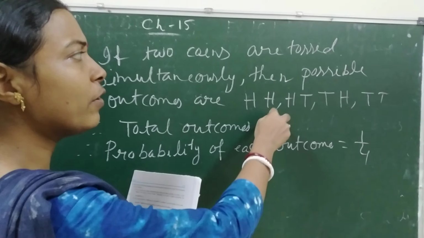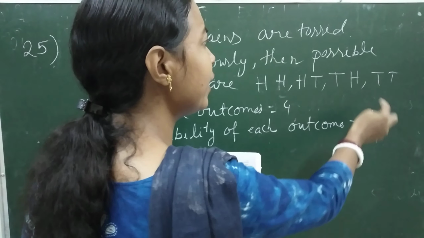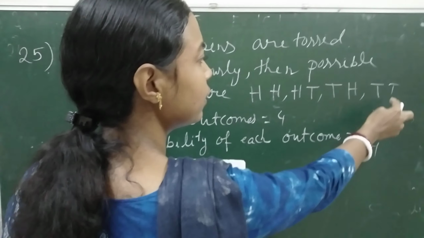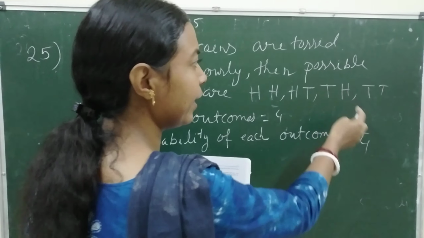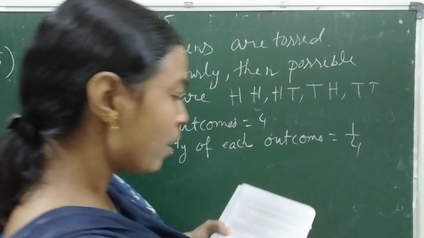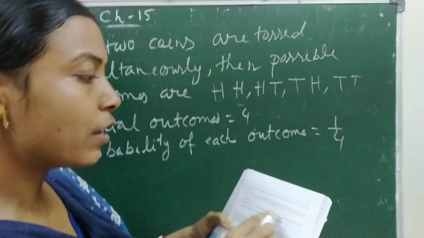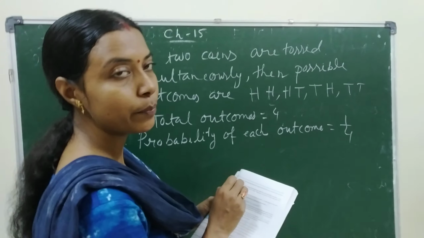How many times are you getting head, 2 times head? So it is 1 by 4. How many times are you getting tails? This is 1 by 4. And how many times will you get head, tail and tail, head? Okay, so our answer will be 1 by 4. But here the question is given what? Probability is 1 by 3. So this statement is incorrect.